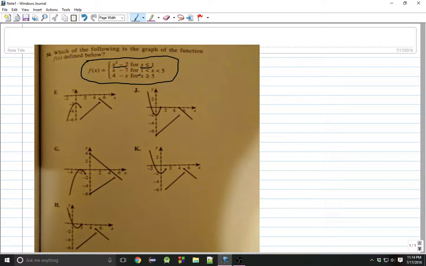So, for example, you can kind of graph it. X squared minus 2 opens upward, and it says that f of x is equal to the equation x squared minus 2 for all x that is less than or equal to 1. So 1 is about right here.